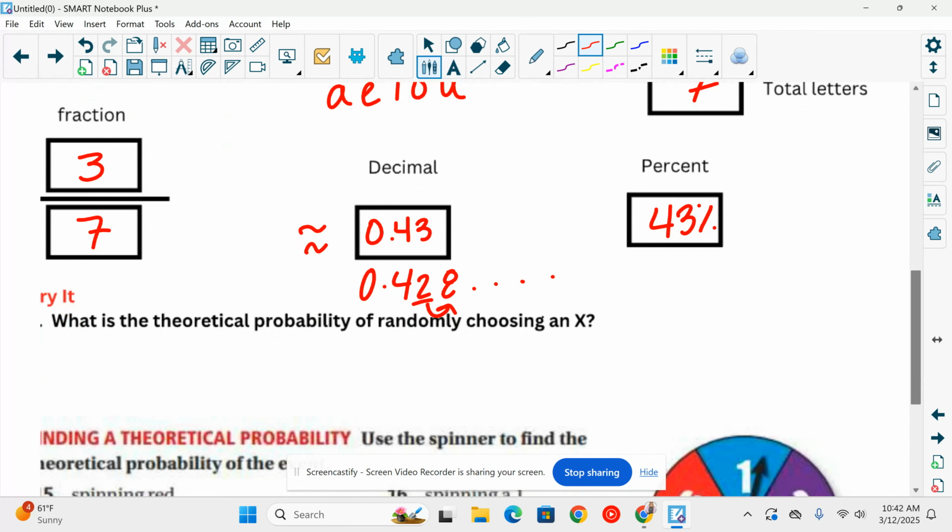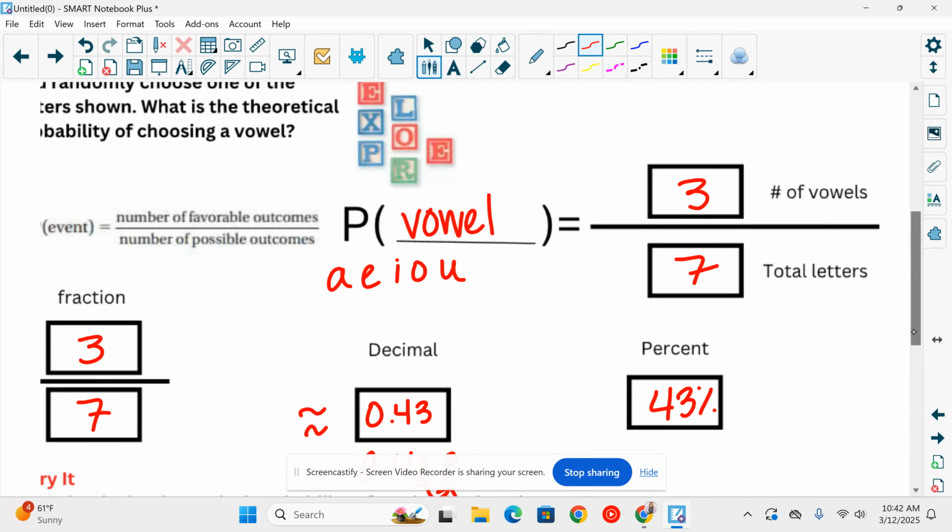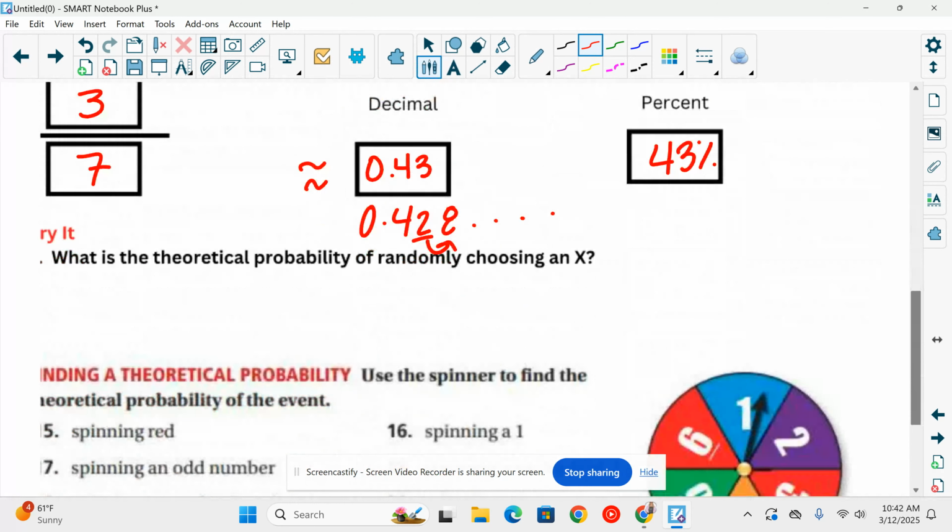What would be the theoretical probability of choosing an X from the group? Well, how many X's are in the group? 1 out of how many? 7. So what's the theoretical probability? I have a 1/7 chance.